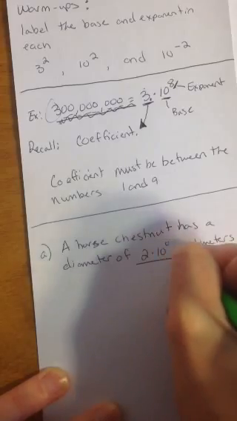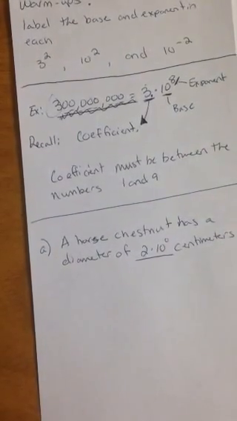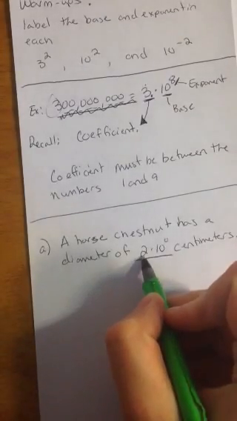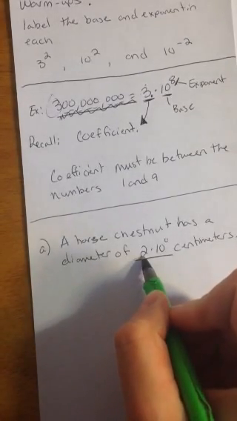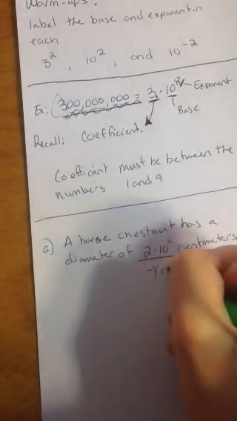So is 2 times 10 to the 0 written properly? And it is, because the coefficient is between 1 and 9, and it's 10 to some power. So this is yes.